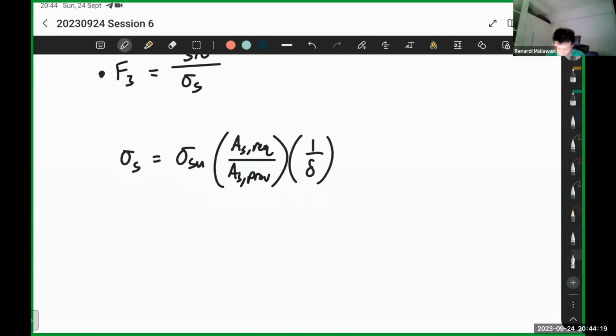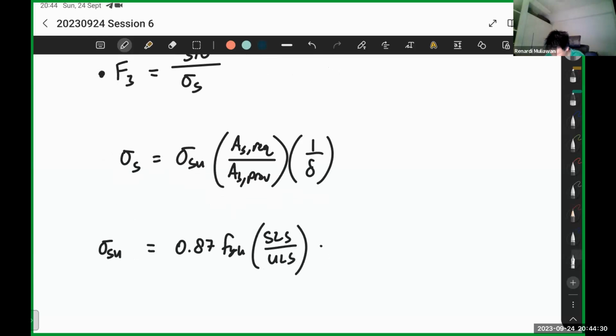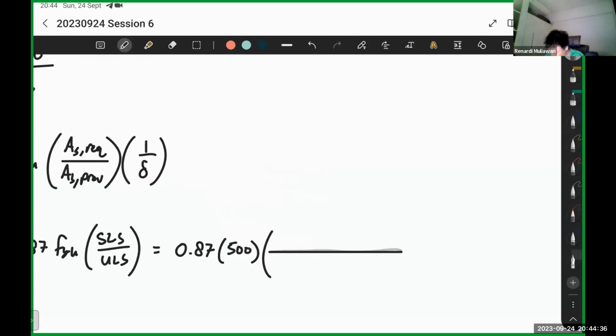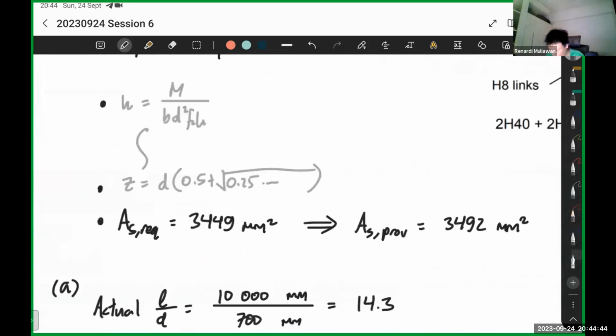Okay, but we need to find sigma SU first. So sigma SU is 0.87 FYK times SLS divided by ULS. So 0.87, just now the steel is grade 500. Then for ULS, it is 1.35 GK plus 1.5 QK. Then for SLS, we check the question first.